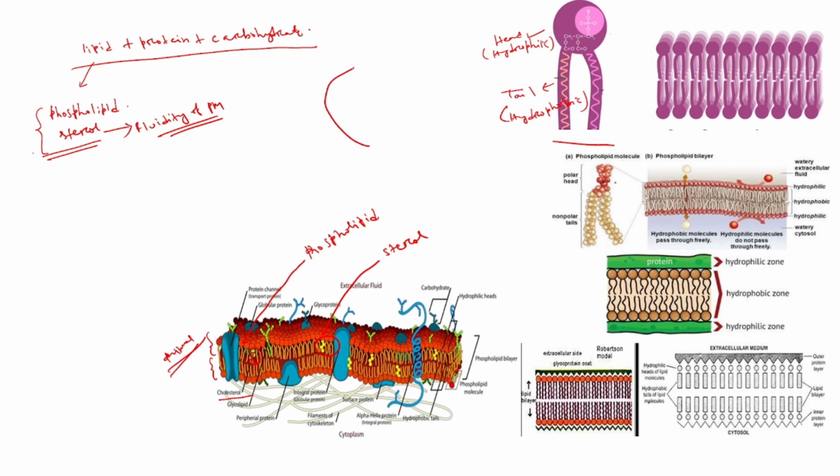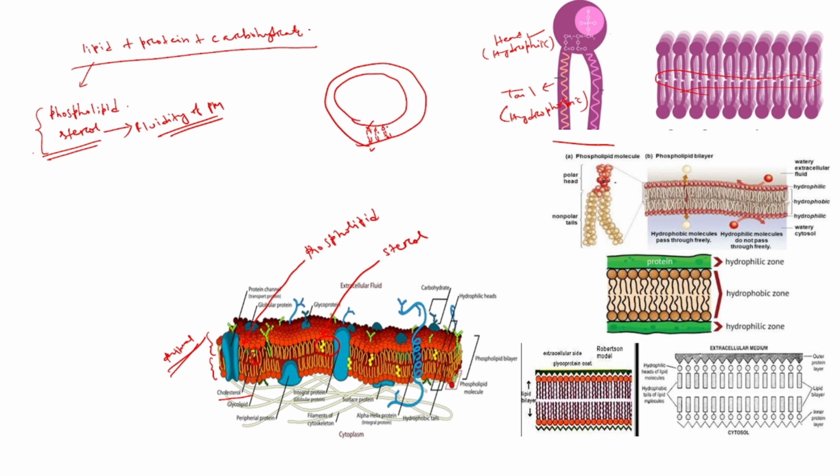Look at the structure. Let's say this is the cell and this is the membrane. So it looks like this. At the outer side the head part is present, and in the middle the hydrophobic tail group is present.